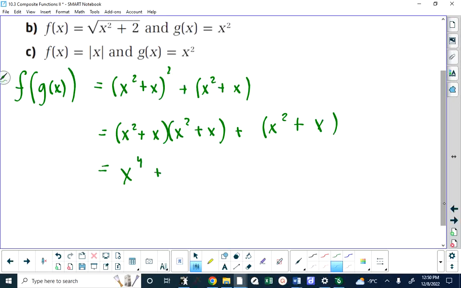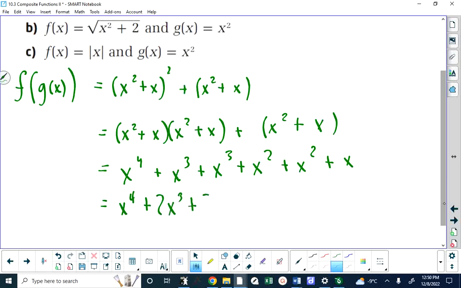My outer will be x cubed. My inner will also be x cubed. My last will be x squared, and then I have plus x squared plus x. You okay with that? So the polynomial function that results for f of g of x will be x to the 4 plus 2x cubed plus 2x squared plus x.